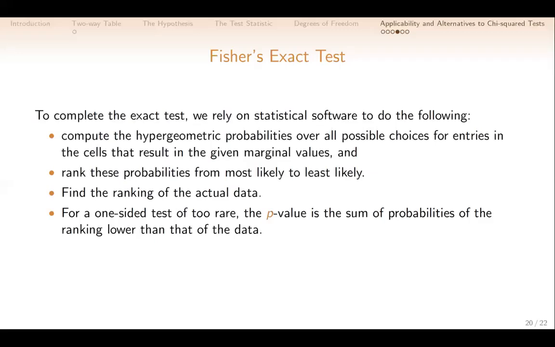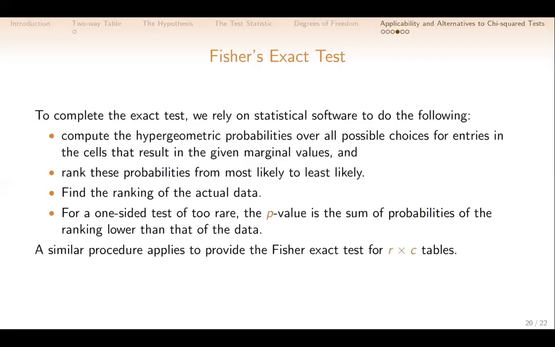So that's how it works. And I said you would never want to do that by hand. You might be able to get away with it with hypergeometric with 1, but it would still be quite a chore. And I said a similar procedure applies to provide the Fisher exact test for R by C tables, except you would have multinomial coefficients all over the place rather than these binomial coefficients. But in principle, it's the same kind of idea.